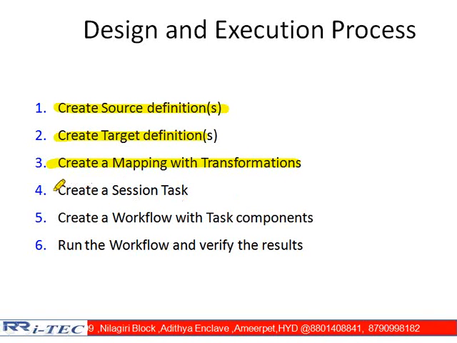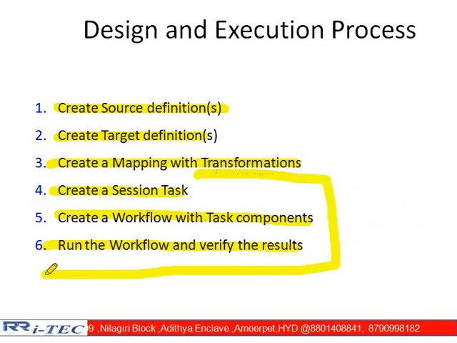Now we need to create a session task, followed by creating a workflow with task components, running the workflow and verifying the results. Fine. Today our target is to finish these 3 activities by the end of our class.